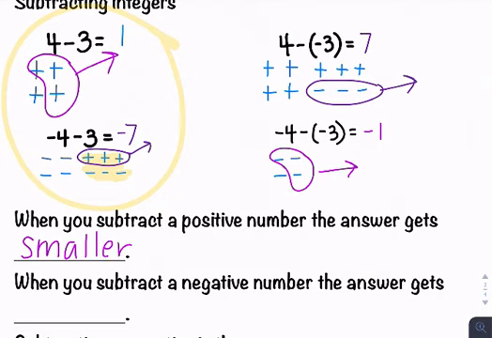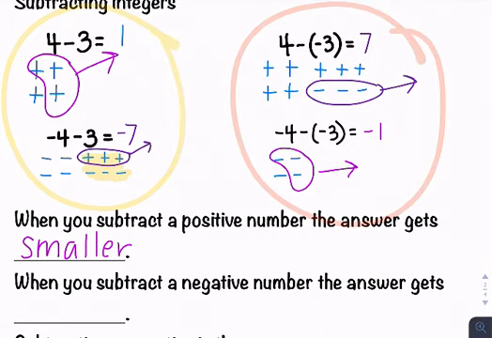It went from positive 4 to positive 1, and then the second time it went from negative 4 to negative 7. So my answer was getting smaller. The second one is these two. When I'm subtracting a negative, my answer gets bigger. I went from positive 4 to positive 7, and from negative 4 to negative 1.